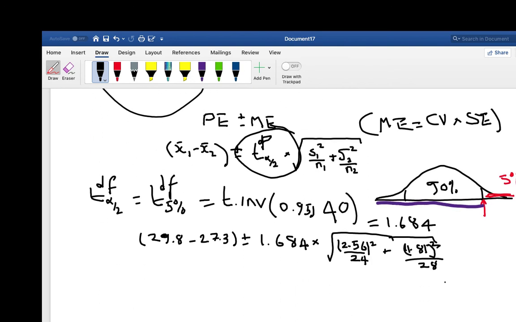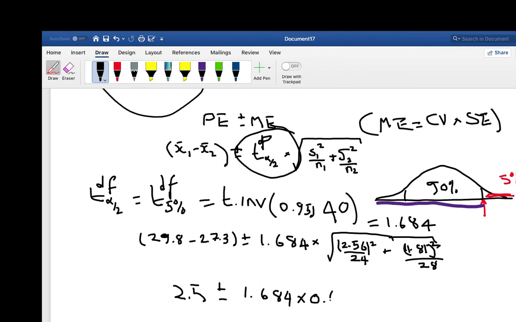Moving down, this difference is going to be 2.5 plus or minus 1.684 times 0.625.